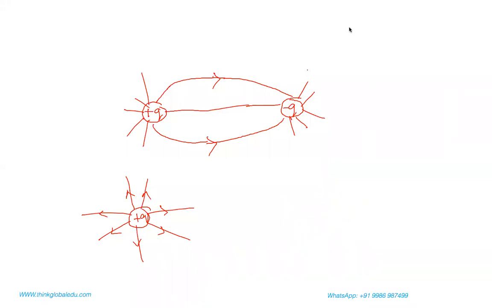So I have to draw them in such a way that they do not intersect, using straight lines, as straight as possible. I don't have a ruler here, so let's assume they are straight, and they're all coming in to the minus Q charge.